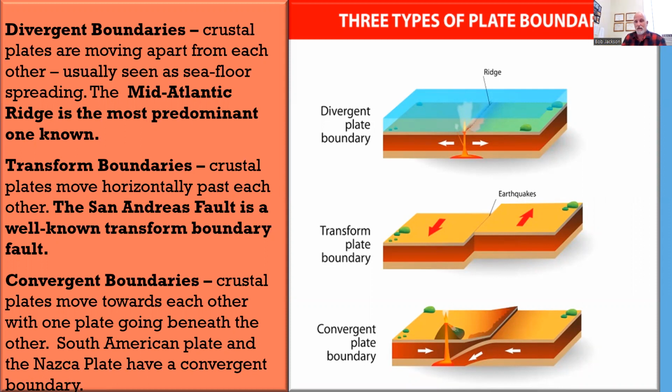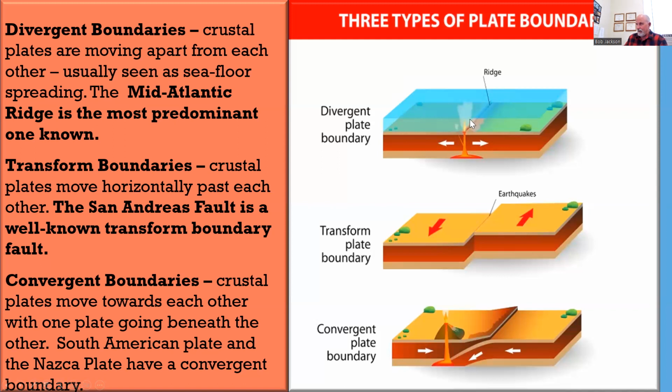The major ones take place below the oceans, like the mid-Atlantic ridge out in between the United States and Europe. What you see here on the PowerPoint, as that opens up, you're getting magma coming out there, and it actually creates a mountainous type ridge down through here.